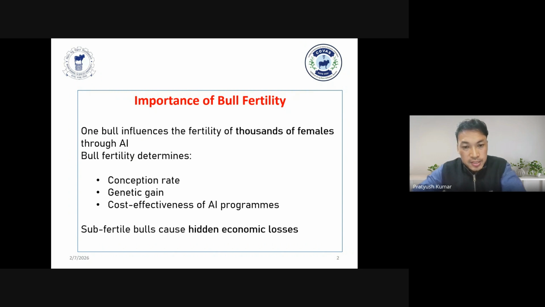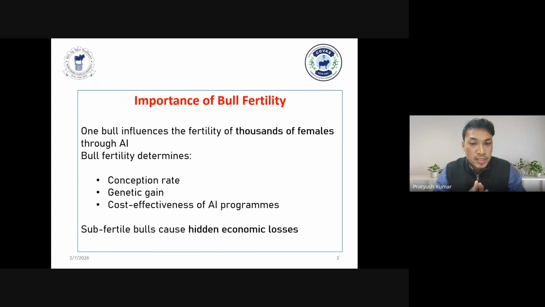In field conditions, bulls are generally categorized as high fertile, low fertile, and subfertile. For subfertile bulls, we do not know what the main causes are.